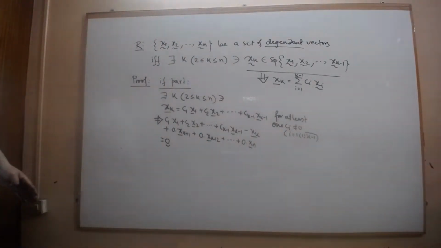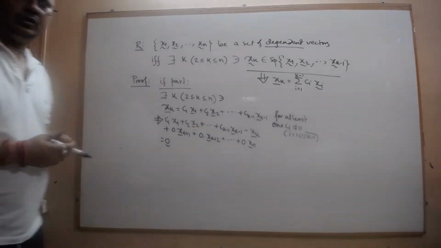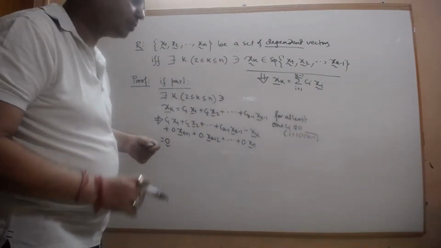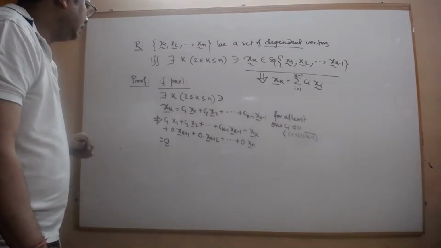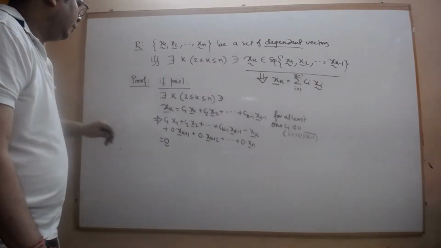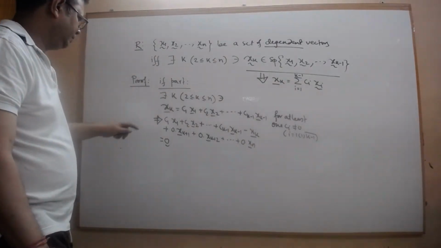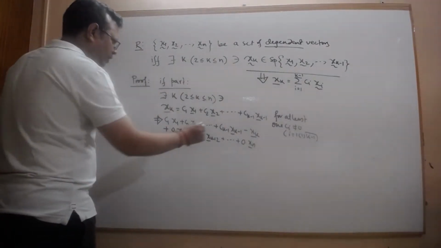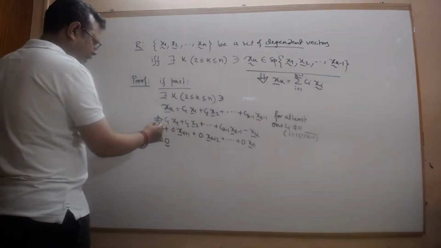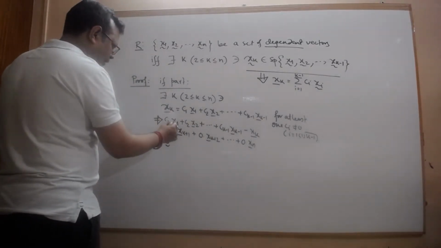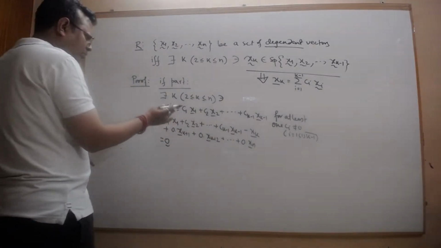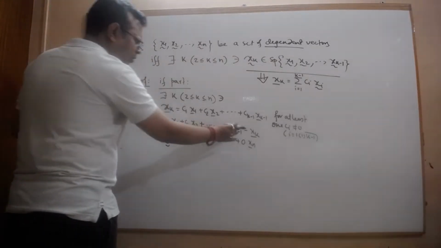So this is equal to this. Then we see that there exists some non-zero constant.